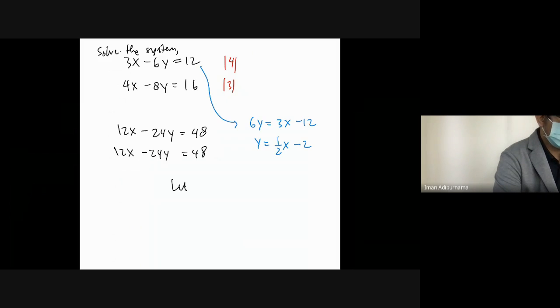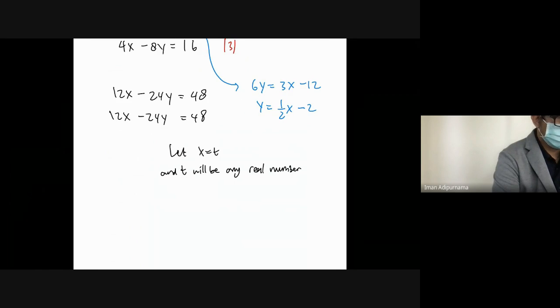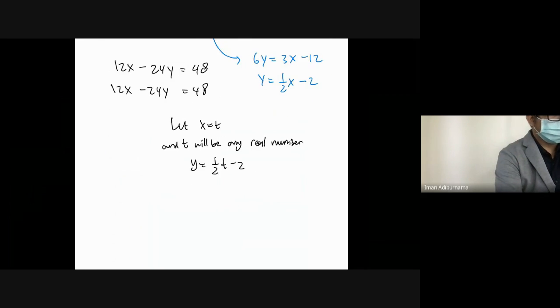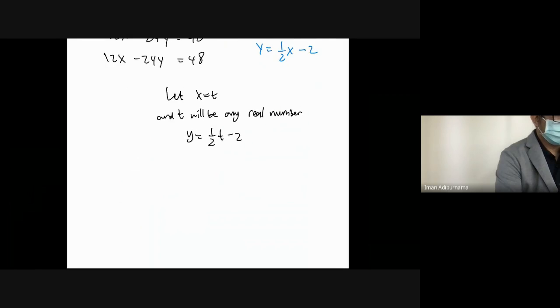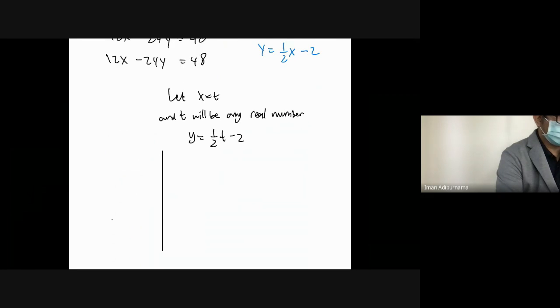And let x equal t, and t will be any real number. We can write y as half t minus 2. So I'm using t to have more detail and description on how this is going to work.